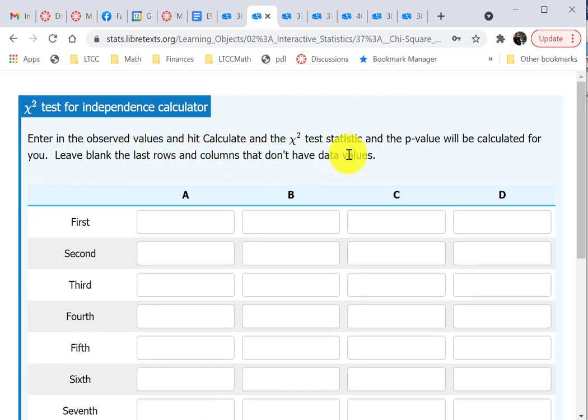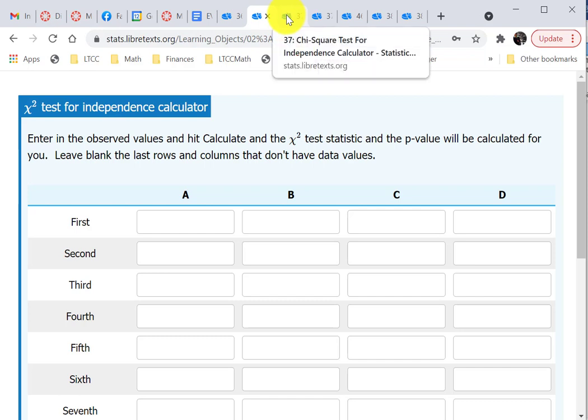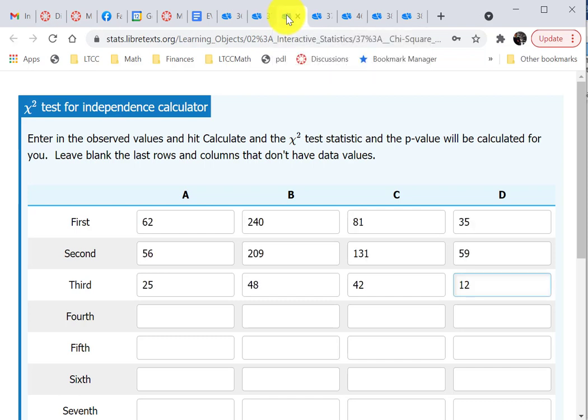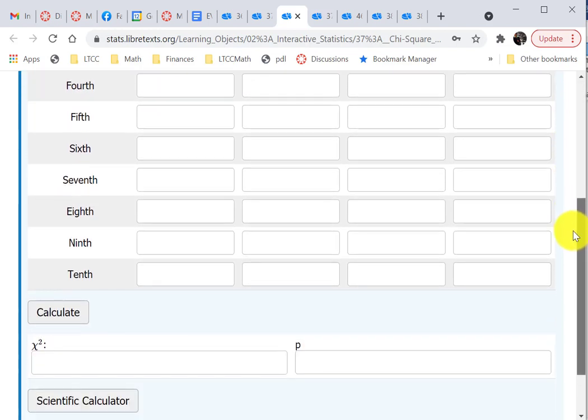And the chi-squared test statistic and the p-value will be calculated for you. We should leave everything else blank that we don't fill in. So to save you time, I put in all the numbers. So I just have to scroll down now and hit calculate.